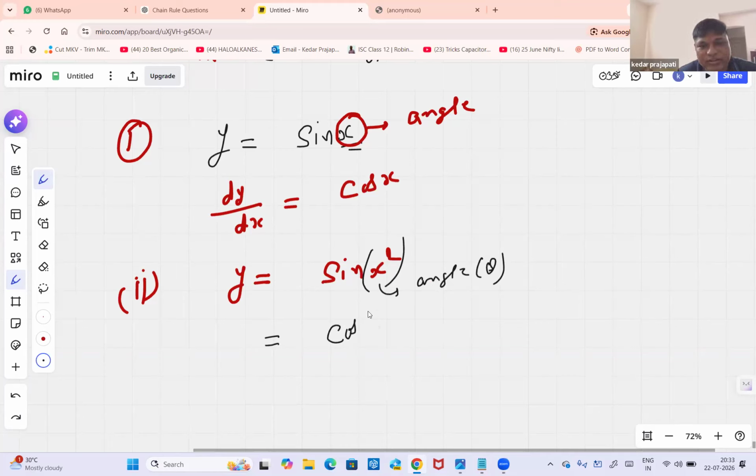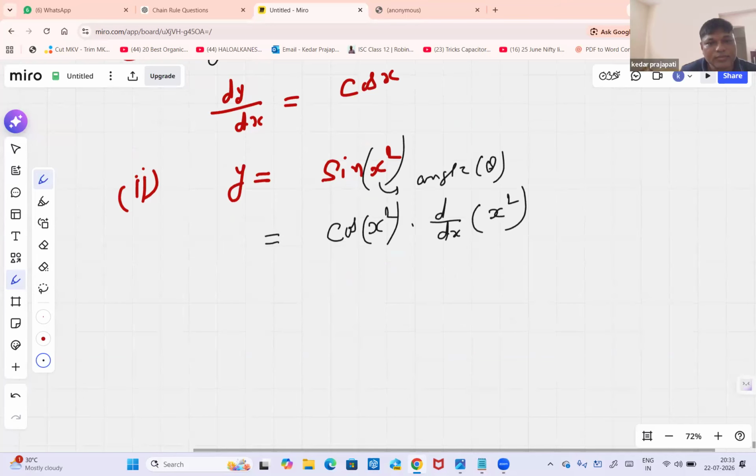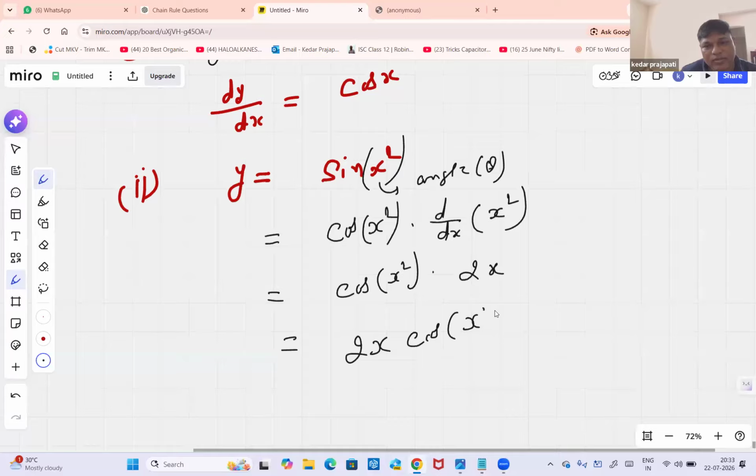We'll not write theta here. Cos x square into d by dx of x square, which is 2x. So the answer is 2x cos x square.